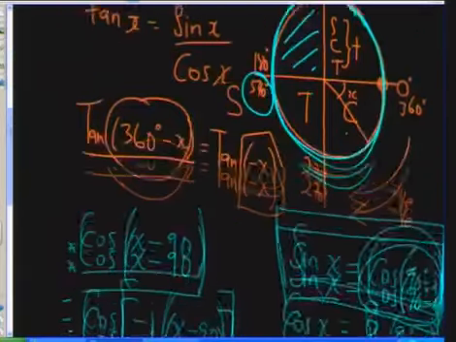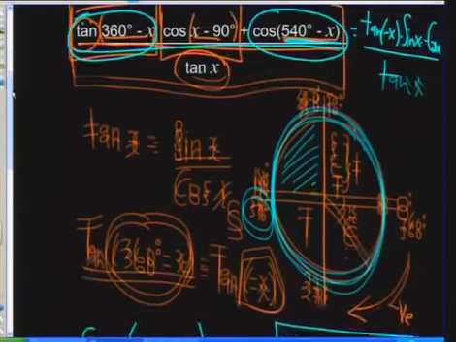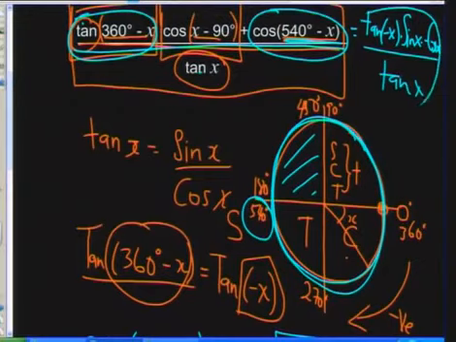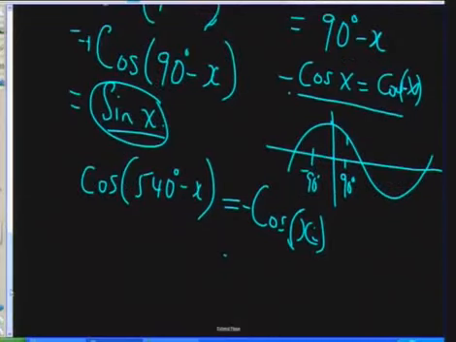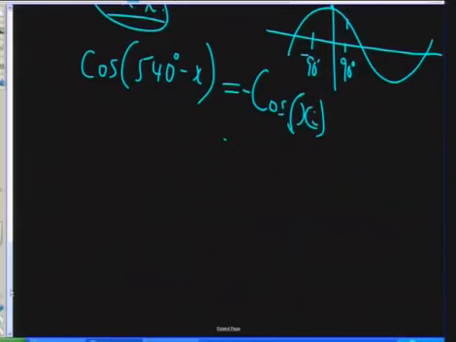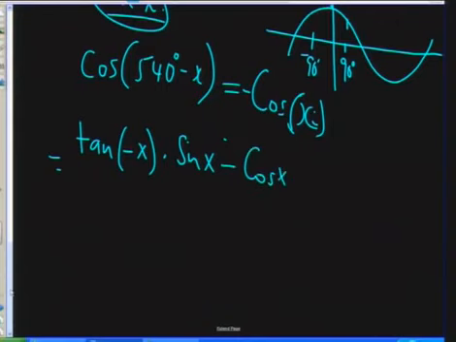Now, let's take this simplified version and simplify it even further, because we still have more relationships that we can use. So, just a second. It's tan of negative x multiplied by sine x minus cos x over tan x.